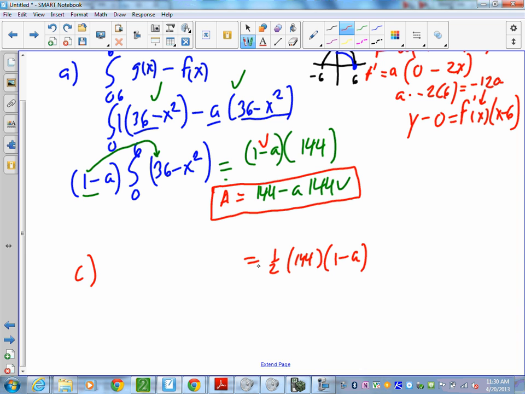Okay, so I'll let you figure that one out. Going from 0 to 6, of course, and the top curve minus the bottom curve. Looking for the line that divides the region into two parts.